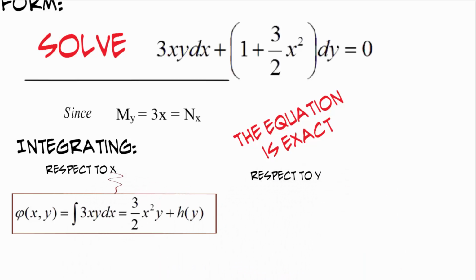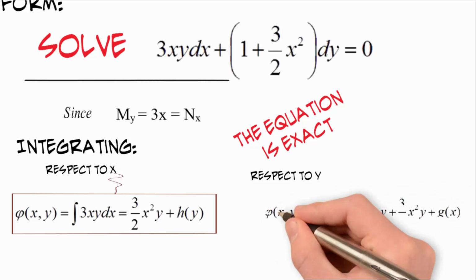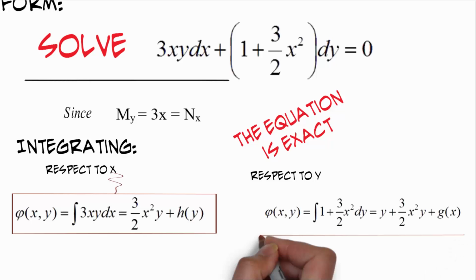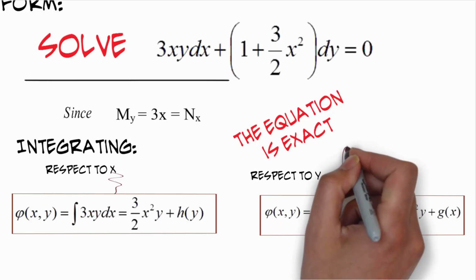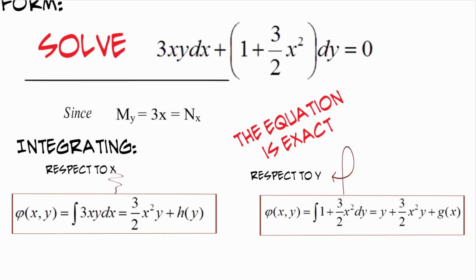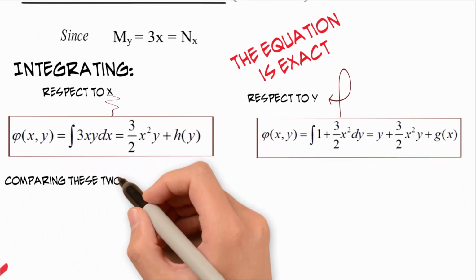Integrating with respect to y gives phi of x,y equals the integral of (1 plus 3 over 2 x squared) dy equals y plus 3 over 2 times x squared times y plus g of x, where g of x is some function of x to be determined.